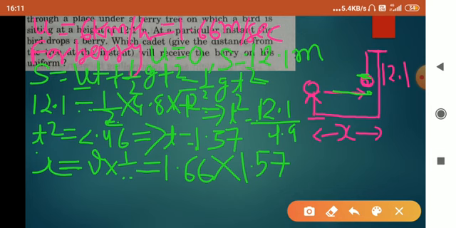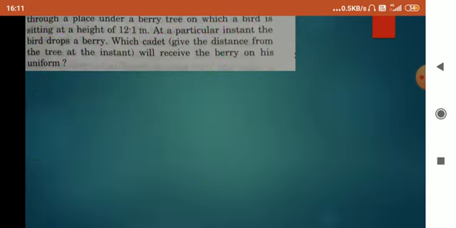On solving this equation, 1.66 into 1.57 is 2.6 meter. So x is 2.6 meter. The cadet 2.6 meter away from the tree will receive the berry on his uniform. I hope this problem is clear to you.